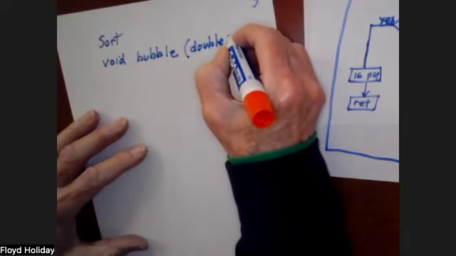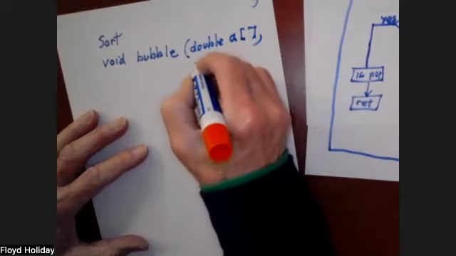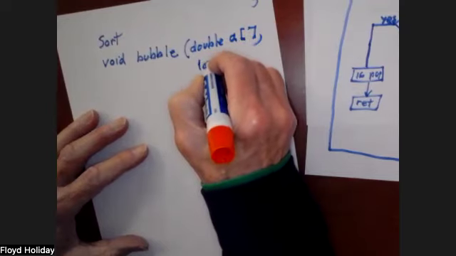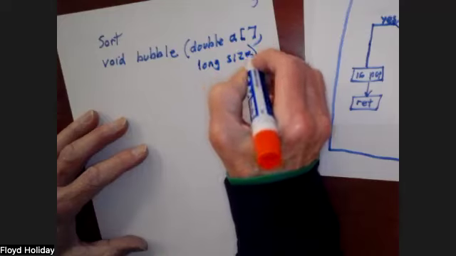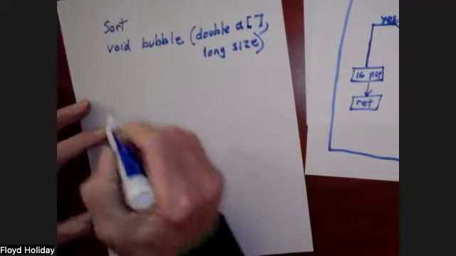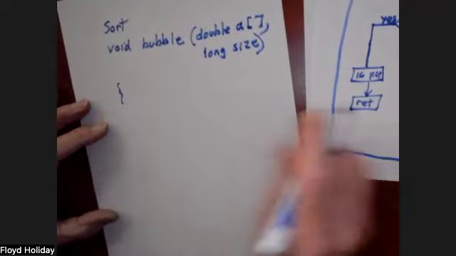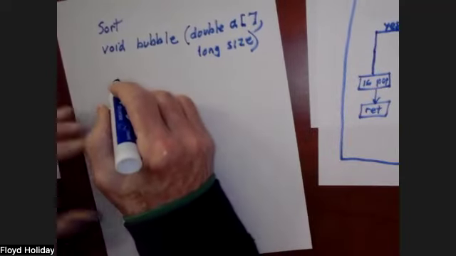The name of the array is A and long size. Size is how many elements are in the array. It's working. Okay, I'll tell you what I saw, but you could use anything.